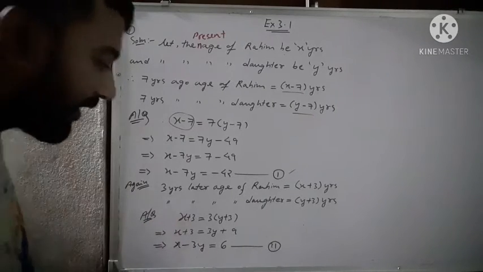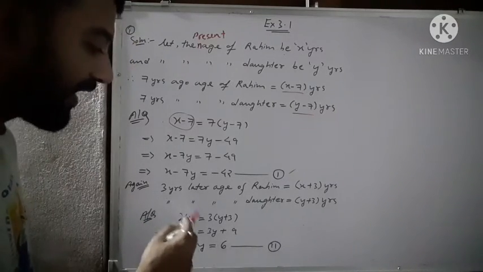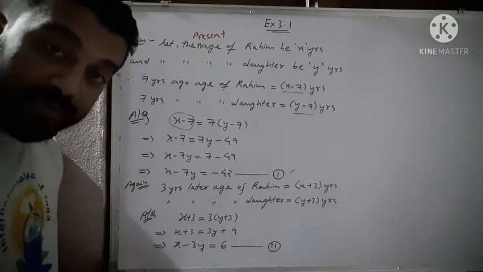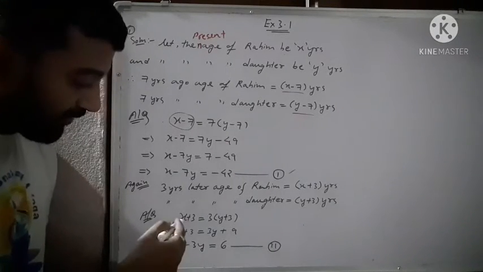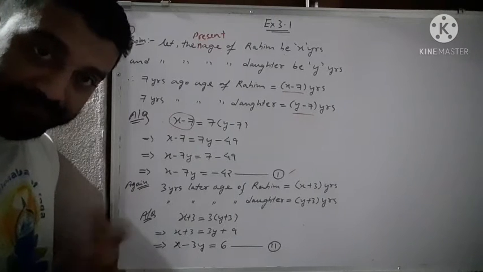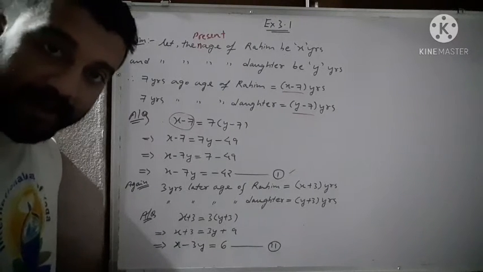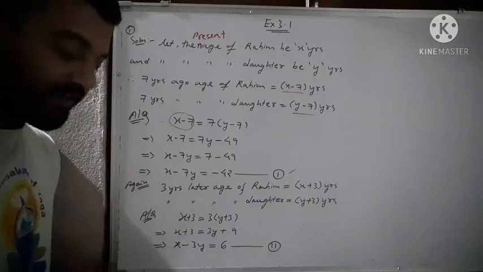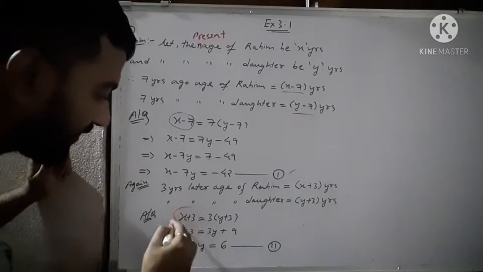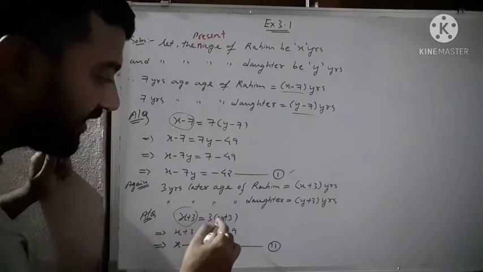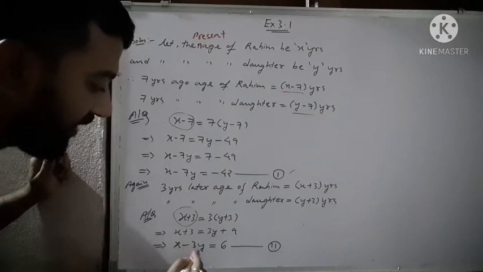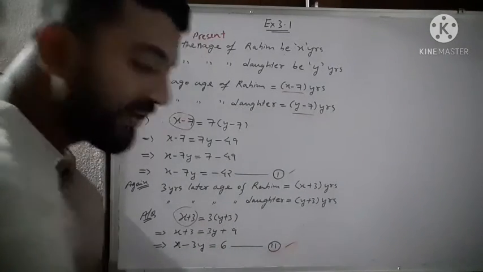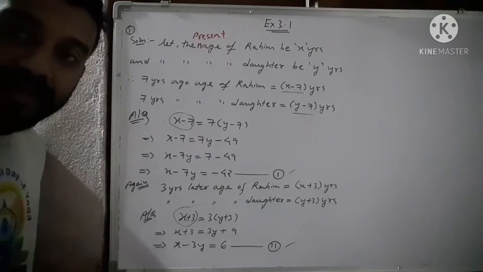So x plus 3 equals 3 into y plus 3. After simplifying, we get x minus 3y equals 6. This is the second equation.